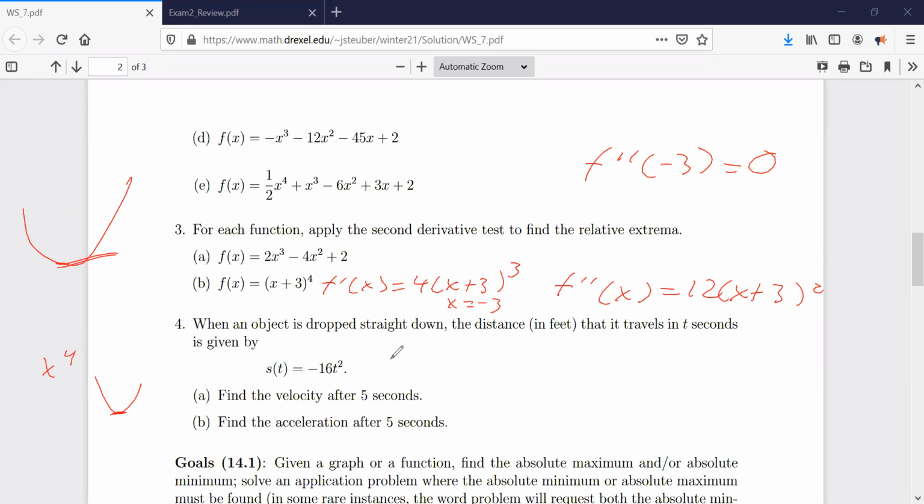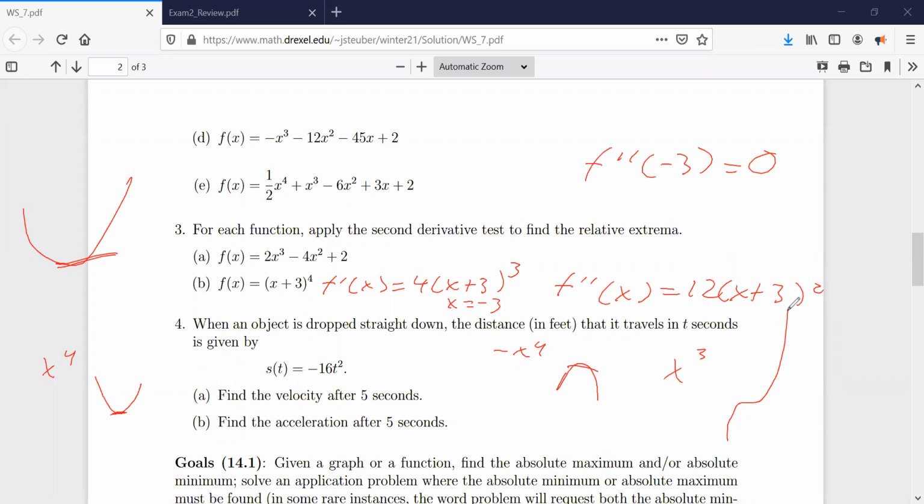It could be a local min, relative min, which is what you get here. Or if you add negative x to the 4th, it could be a local max. And if you have x cubed, it's neither local max nor min. It looks basically like this.